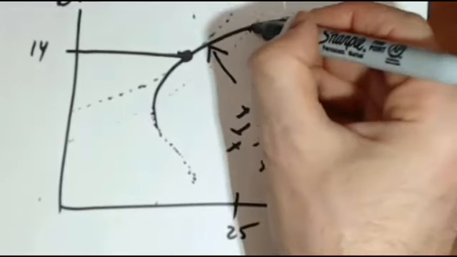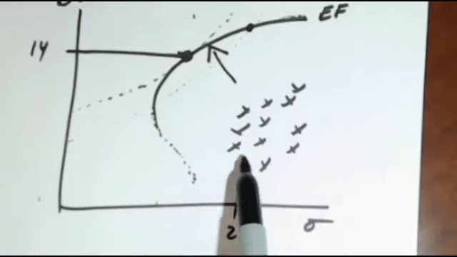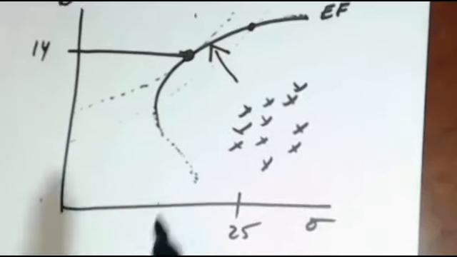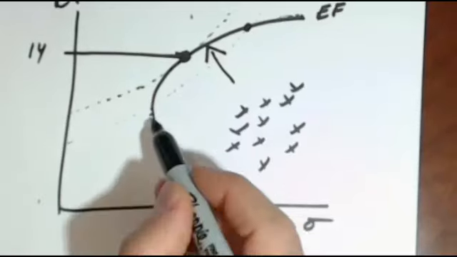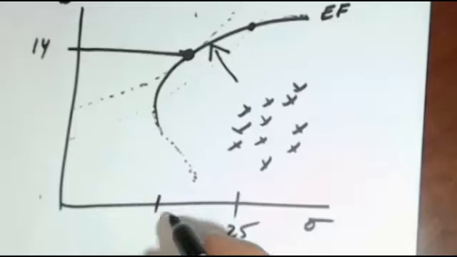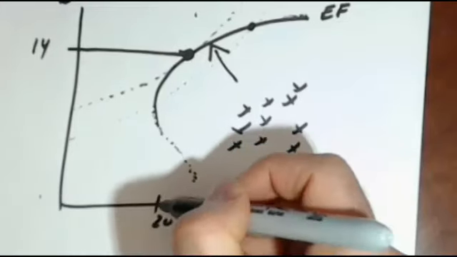So you come up to this point. That's your maximum return. Anything down here is too low of a return. Up here is unattainable. So this is the efficient frontier from two different angles, the way you define it. These points that are dotted down here are inefficient, because if you pick a standard deviation, say of 20 here, what's the maximum return?